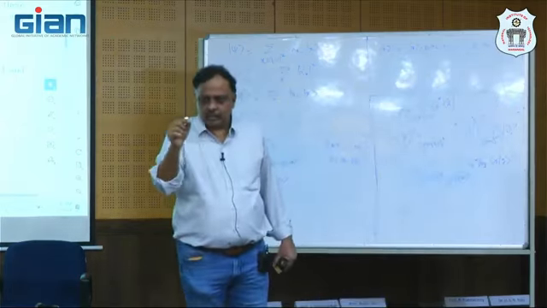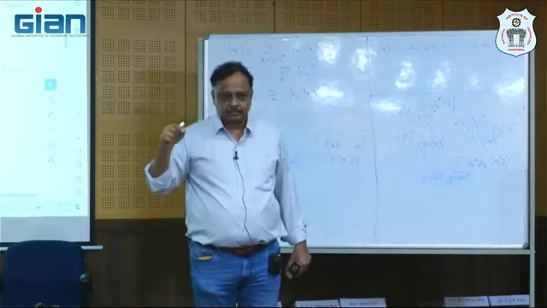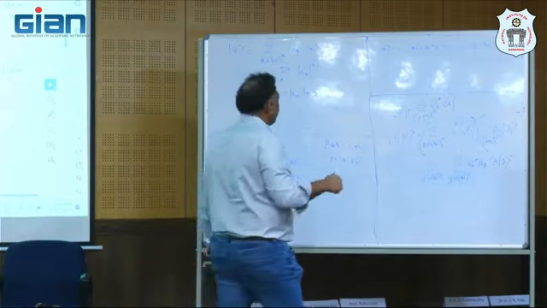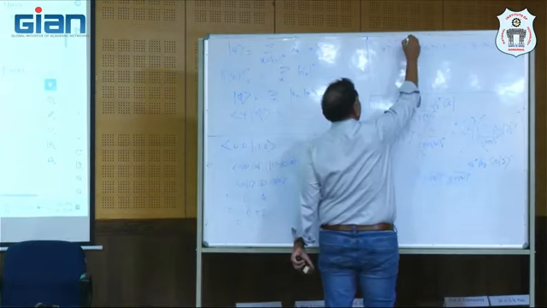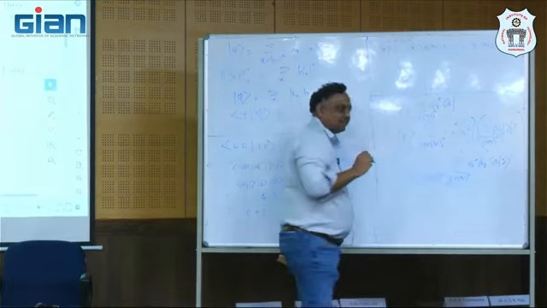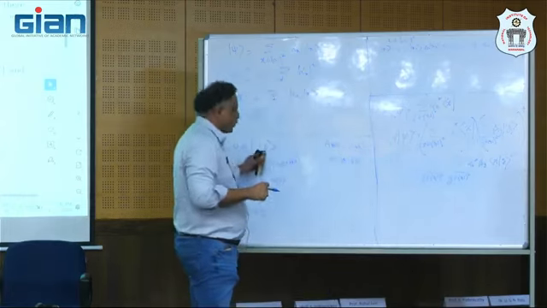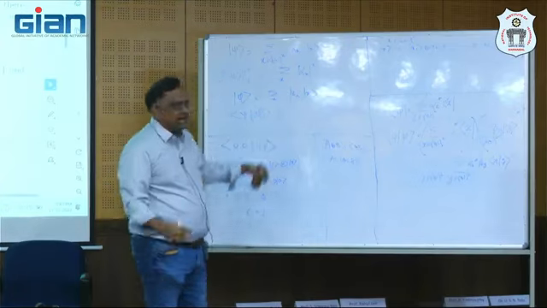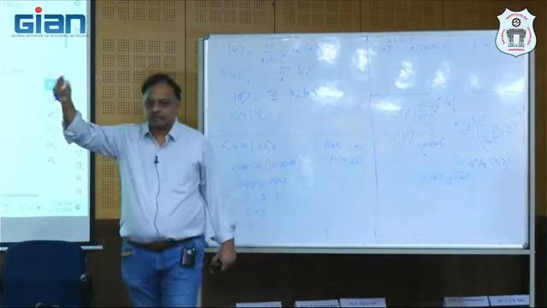Where each of the x1, x2, x3 are the individual bits of x. X is an n bit string. Here 1 0 is a 2 bit string. 0 0 is a 2 bit string. Like this, x is an n bit string. Individual bits are x1, x2 up to xn.